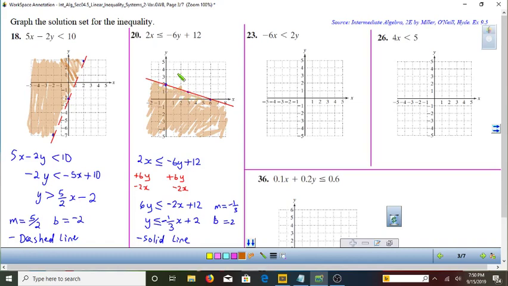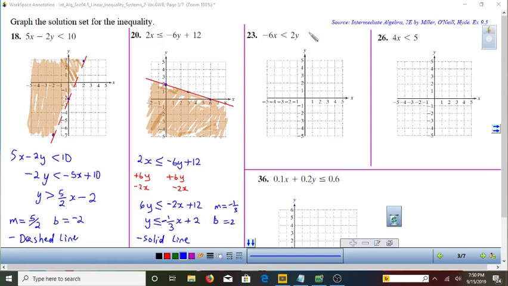And so I'm just going to erase that little extra zone there, just so that it doesn't seem like I'm shading into the wrong region. All right, so that is my solution. So if I choose a point (0, 0), it will make the statement true. When y is 0, we get 12, and when x is 0, we get 0 on the left side, and of course 0 is less than or equal to 12. There we go. Now, let's go on to this next example here.